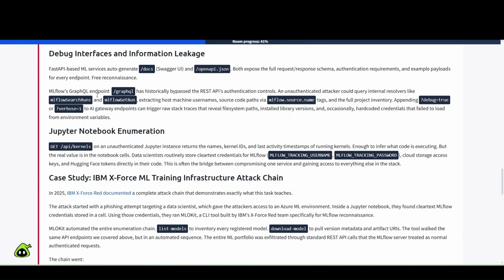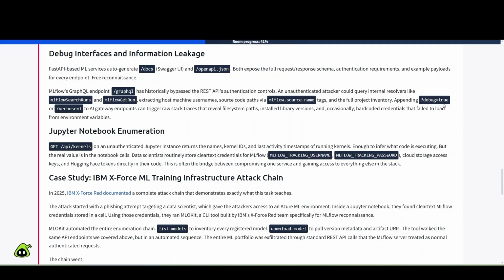MLflow GraphQL endpoint. GraphQL has historically bypassed the REST API's authentication controls. An authenticated attacker could query internal resolvers like MLflow search runs and MLflow get run, extracting host machines, usernames, source code paths via mlflow.source.name tags, and the full project inventory.